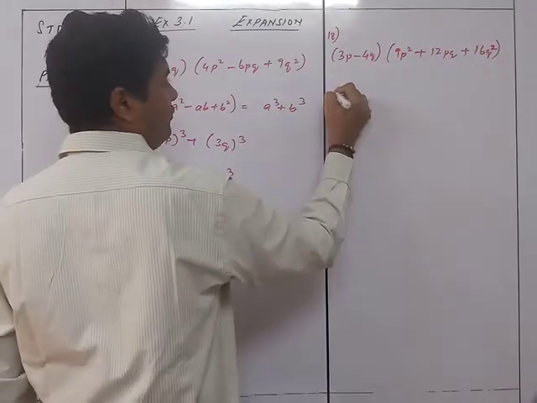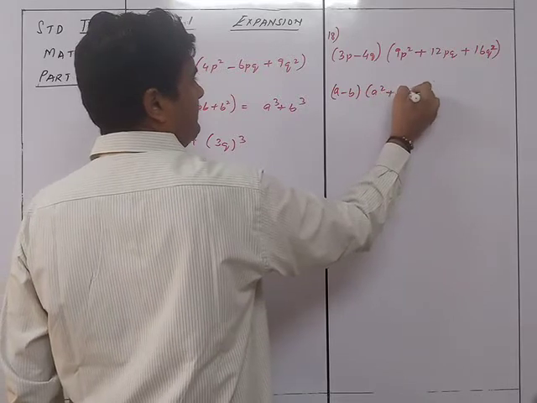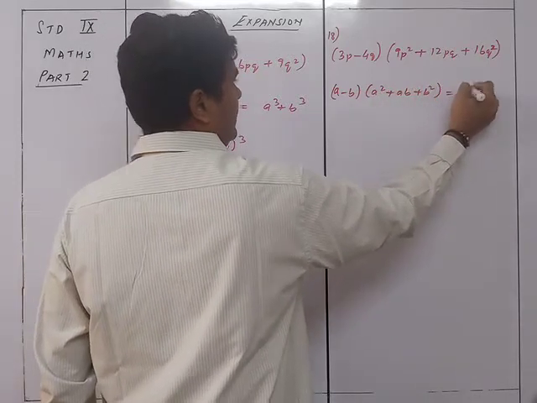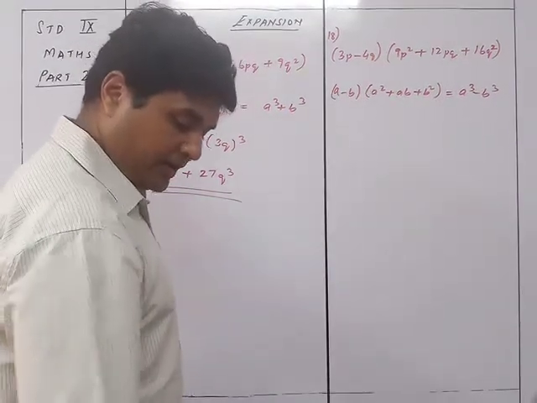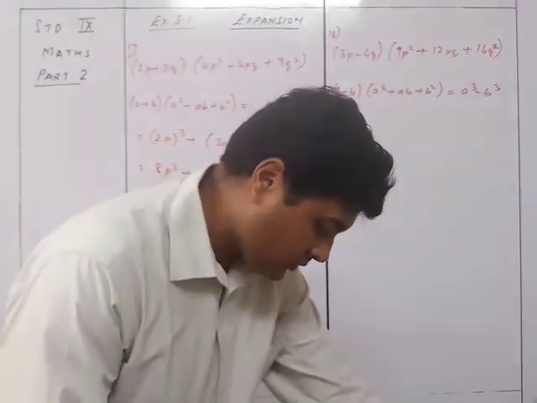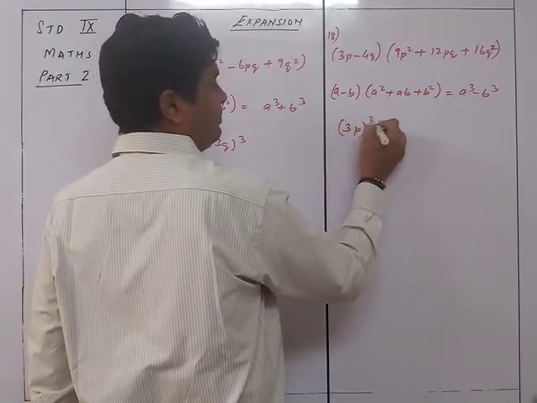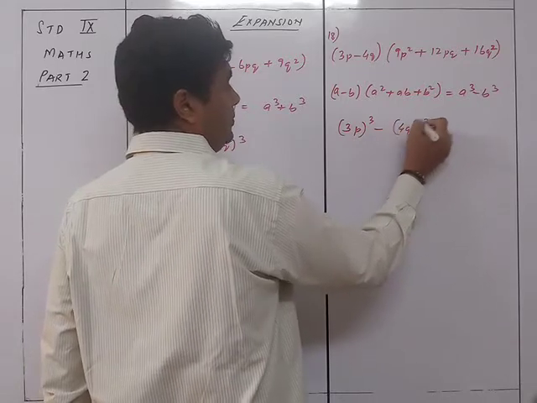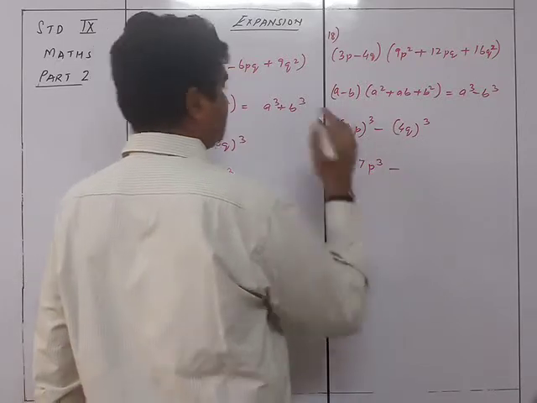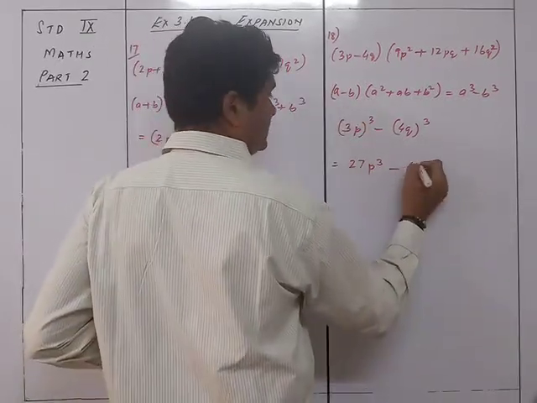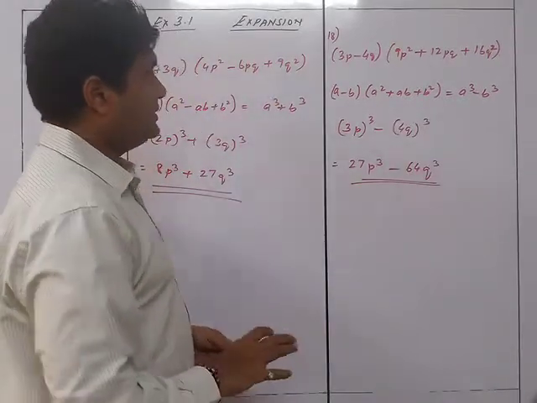So again it's in the form of (a - b)(a square plus ab plus b square), which is equal to a cube minus b cube. So that gives you the answer as (3p) the whole cube minus (4q) the whole cube, that will be 27p cube minus 64q cube. So that will be the answer for sum number 18.